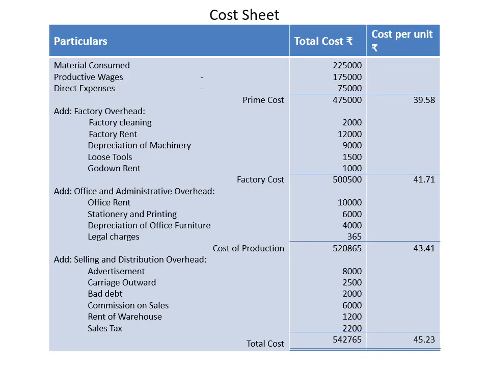So this is the cost sheet we have solved, and see how these expenses are being written in the cost sheet. Each and every element of cost is being written under the appropriate category. Materials consumed, productive wages, direct wages, everything is written.